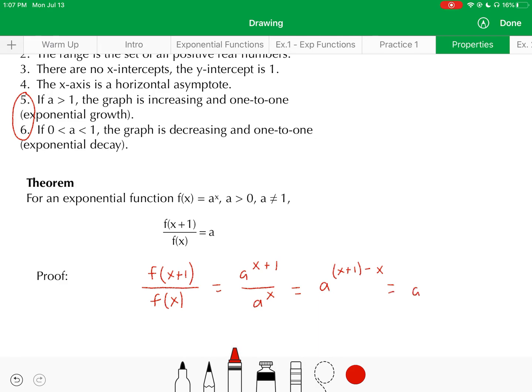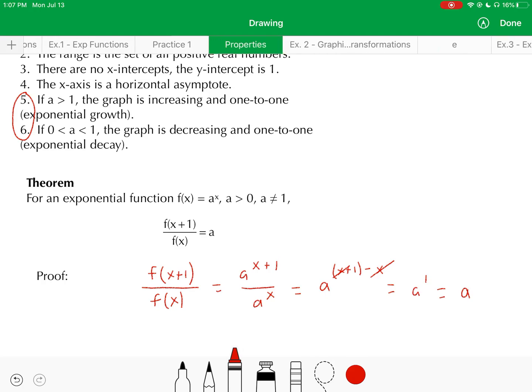And notice that results in a to the first power. These will cancel out, which is really just a. So there's a nice quick proof. And this is just a way for you to identify whether points from a set are in fact representing an exponential function. That's what this theorem would be used for.